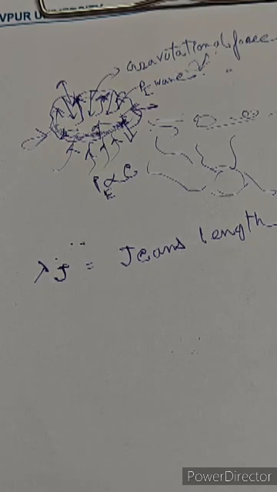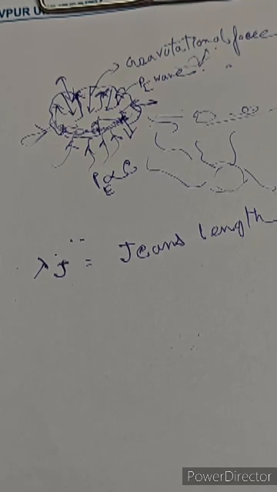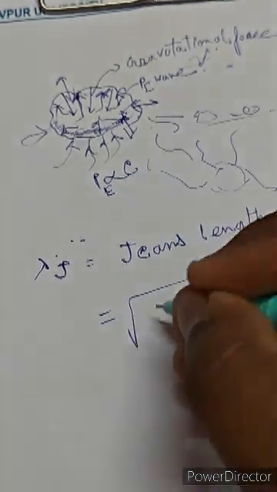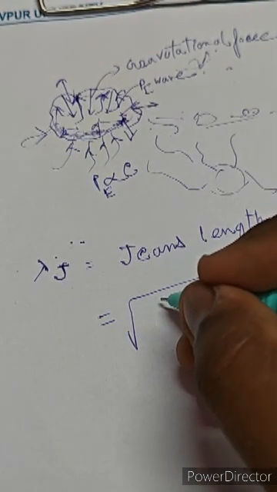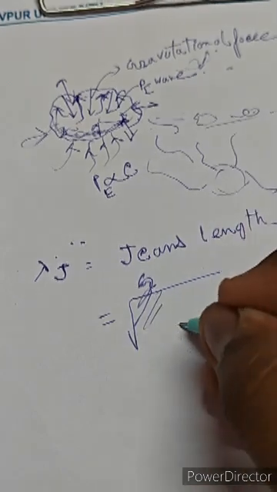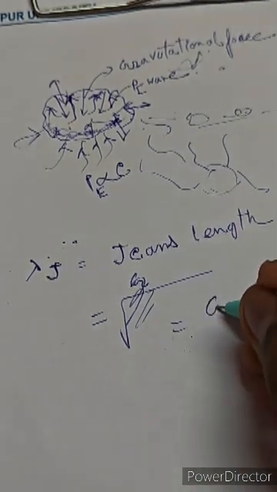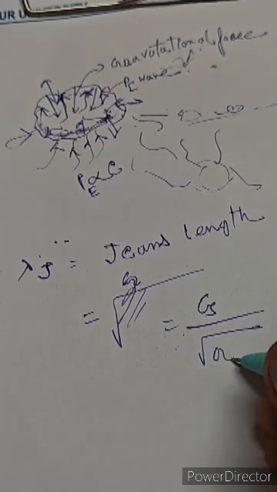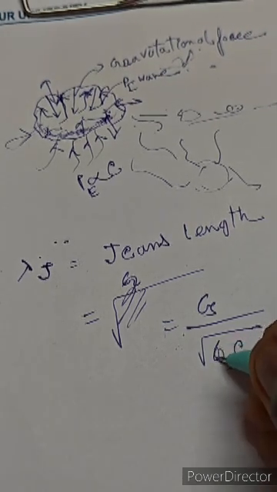And we see about the threshold. The expression is equal to root over cs by root over G rho.